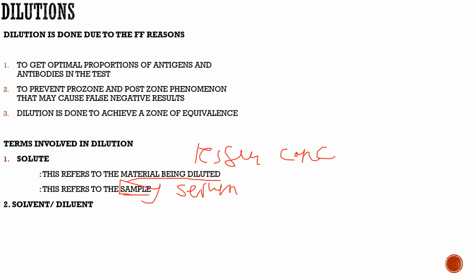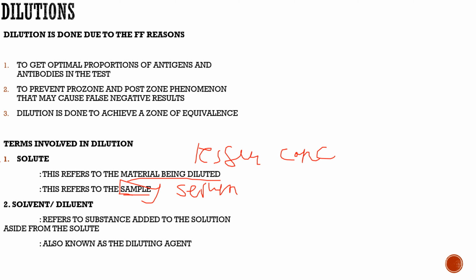Now, let's talk about the second term involved, the solvent or the diluent. When we talk about the solvent or the diluent, this refers to the substance added to the solution aside from the solute. So, dalawa lang yan, class, solute and solvent. Pag sinabi mong solute, that's the sample. Pag solvent, yun yung pinang-dilute nyo.